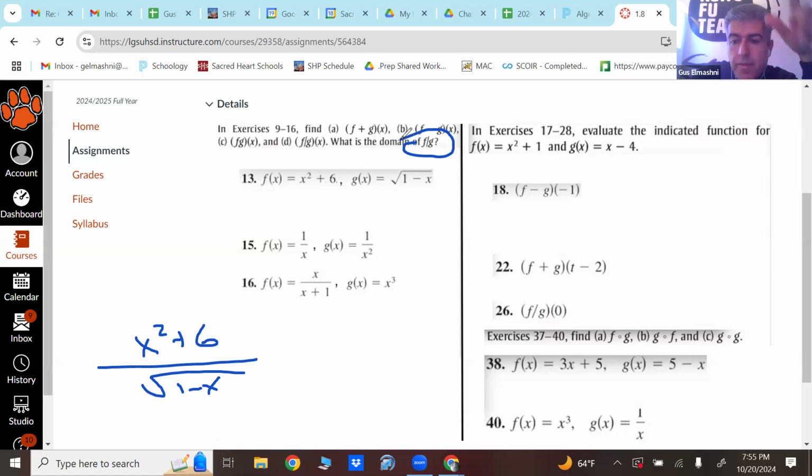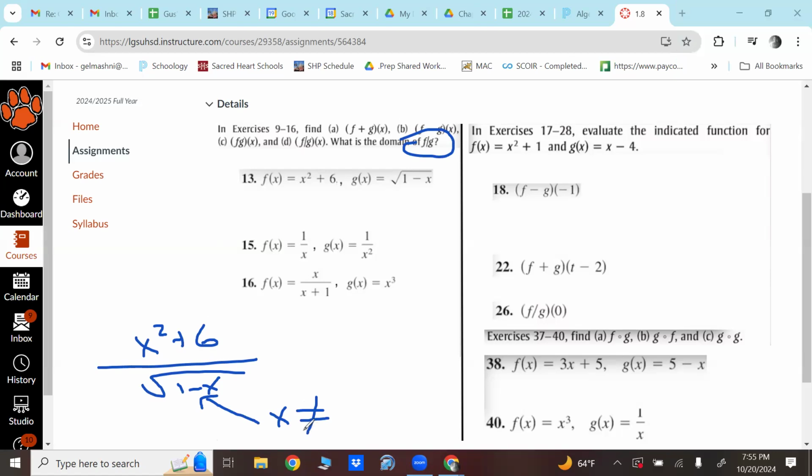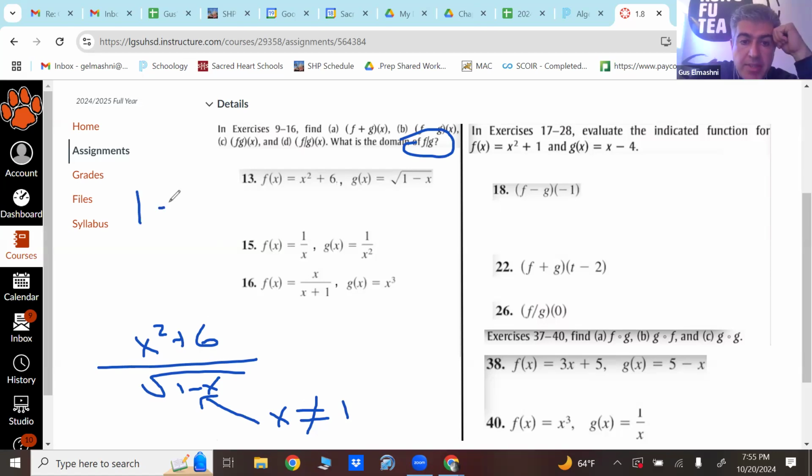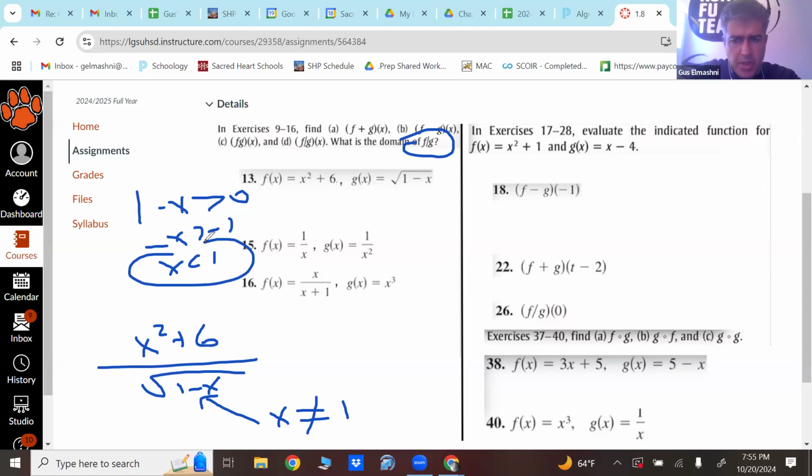What value of x is not okay? X cannot equal 1. Right. And also we have to keep a positive inside, so 1 minus x has to be greater than 0. X is less than 1. So in this case, just say x is less than 1. Don't include the 1.